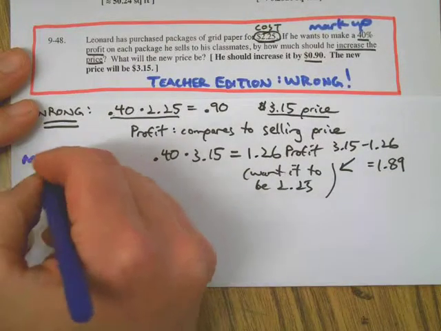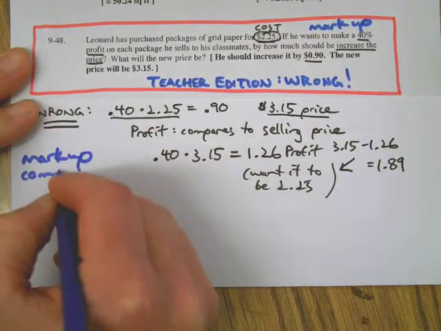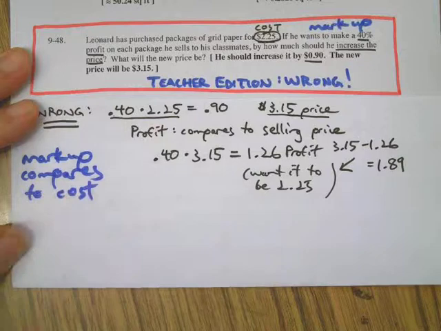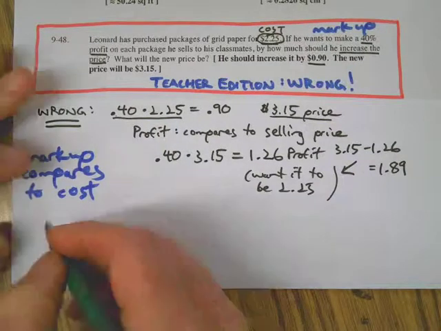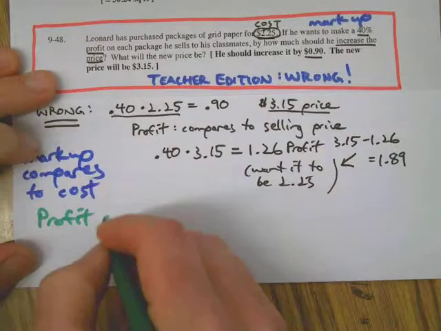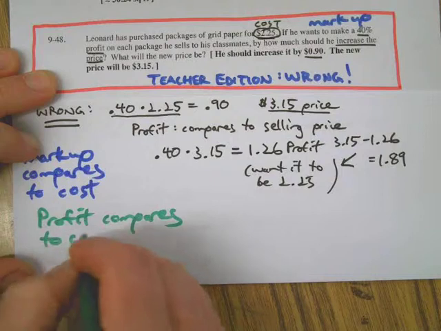Okay, so we've got, when we're doing markup, compares to cost, and profit, I'm going to use green for profit, because that's the color of money, compares to selling price.